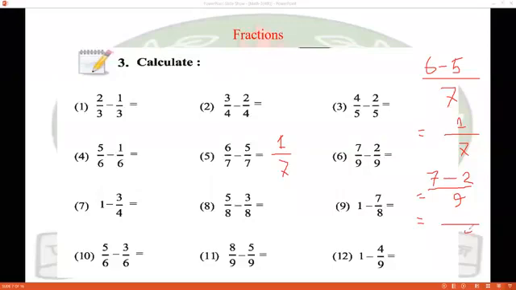So 9, 7 minus 2, so we get 5. So we get 5 by 9. This is the result.